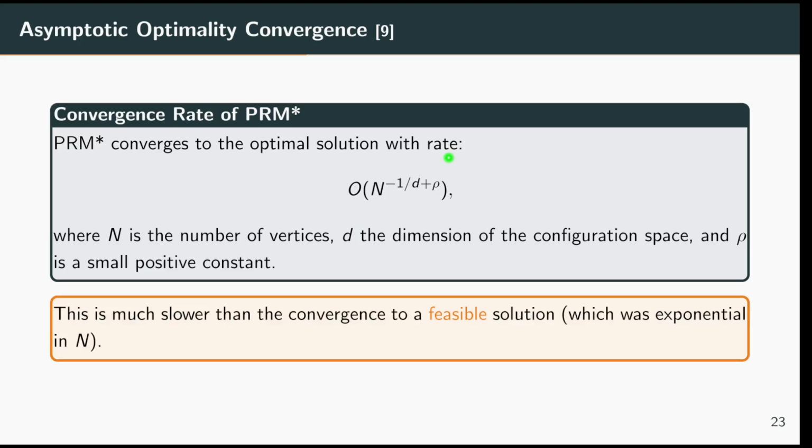And maybe what's important to notice here is that this is not a really great rate. When we looked at just finding any feasible solution, we had this n as an exponent, which means we exponentially fast will find any solution. But here the n is really just a linear term, and then it even gets reduced for higher dimensions. Like if d is 2, it's almost like a square root or whatever. So it's not so great.